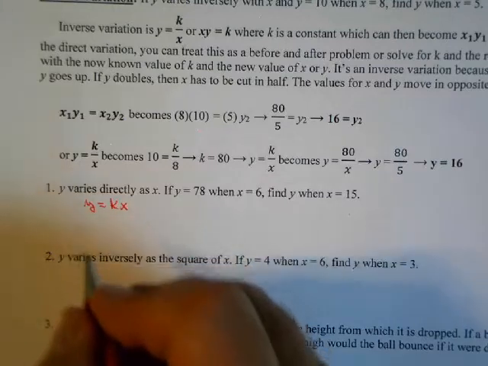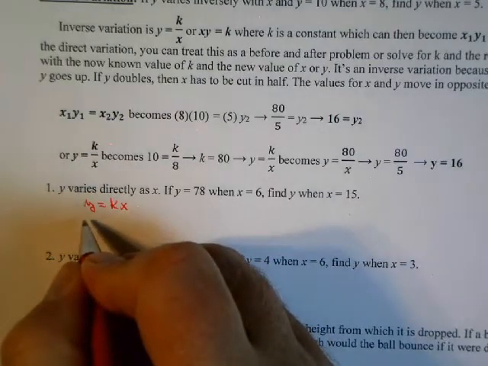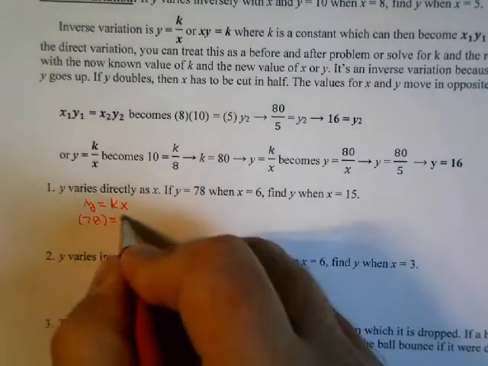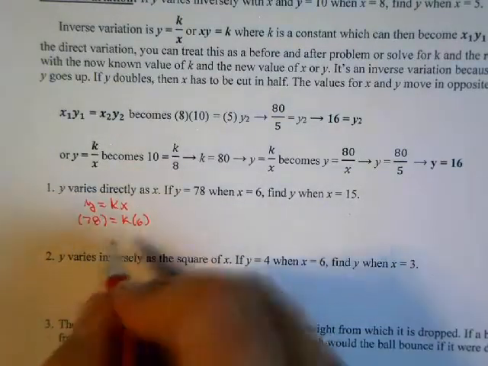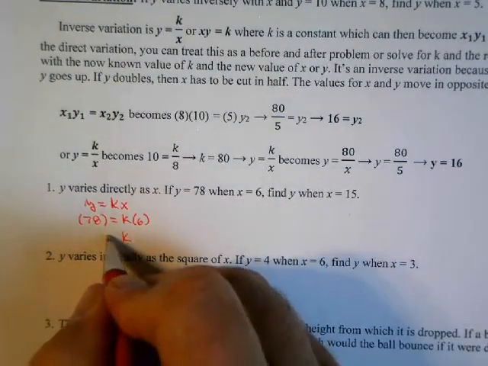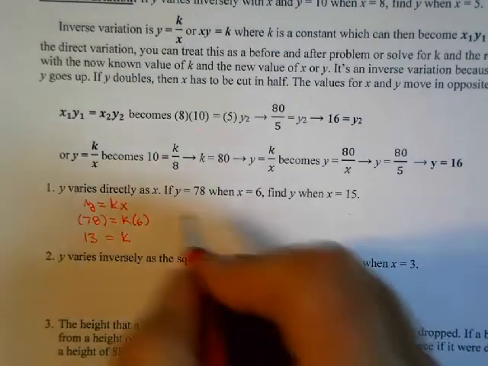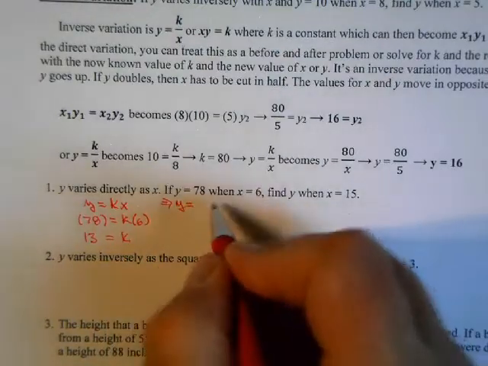So let's go ahead and first find the k. And so we're going to have 78 equals k times 6. And so divide both sides by the 6. And that tells me that k is going to be 13. So now my equation is y equals 13x.